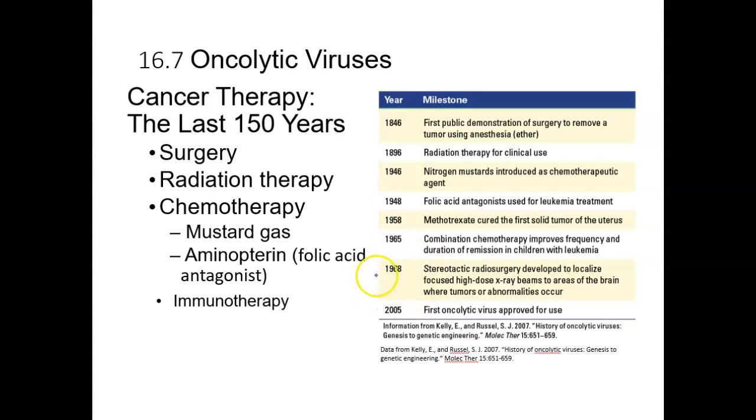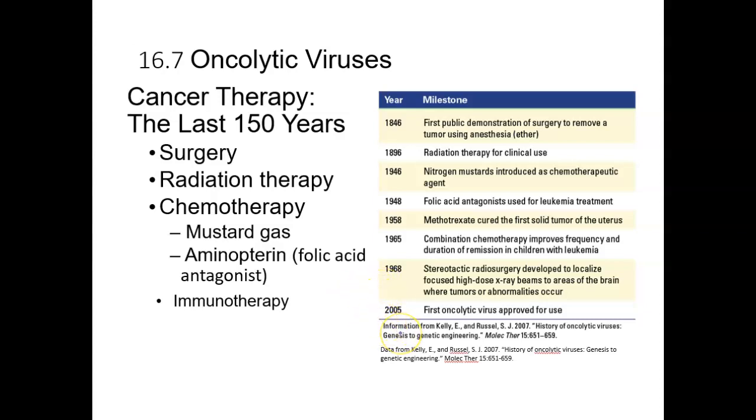It used to be, like if you had cervical cancer, that they would just shove a piece of radioactive metal up near the cervix to try to kill the cancer cells, which obviously is not such a great idea. Now, they do it in a much more focused way.